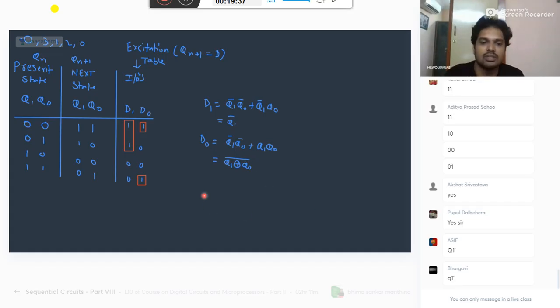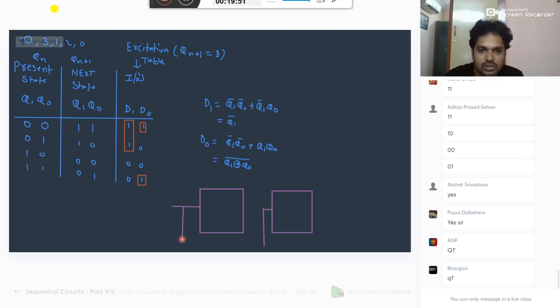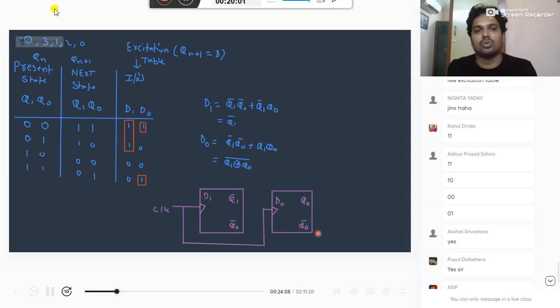Okay, your job is very simple. Take 2 D flip-flops. Triggering can be anything, it is your choice. There is no difference based on the triggering of the flip-flop here. So what is your D1?